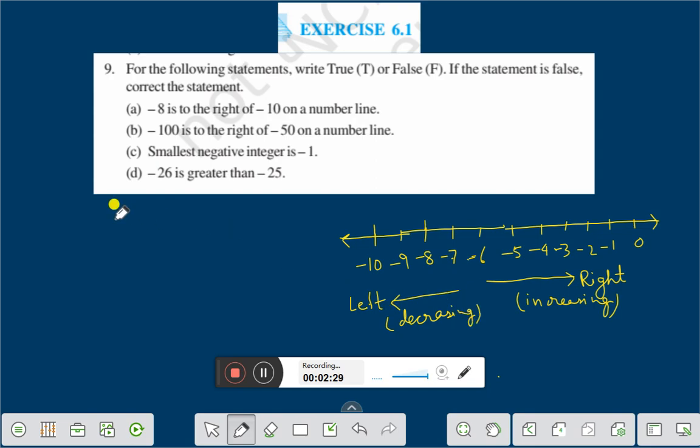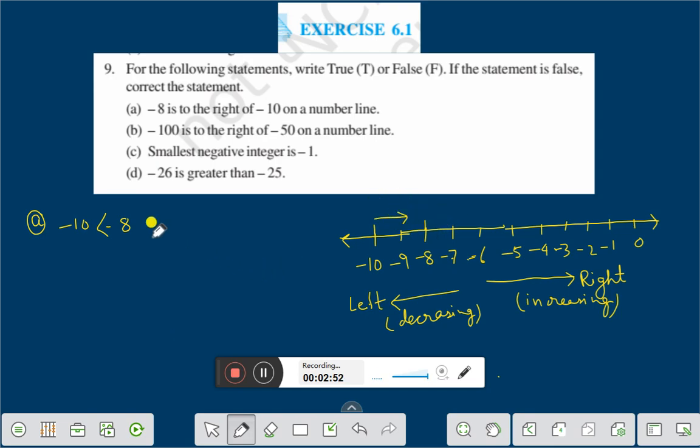Now in question number A, what is given? Minus 8 is to the right of minus 10. Now you know that minus 10 is less than minus 8. Therefore we can say that minus 8 is to the right of minus 10.